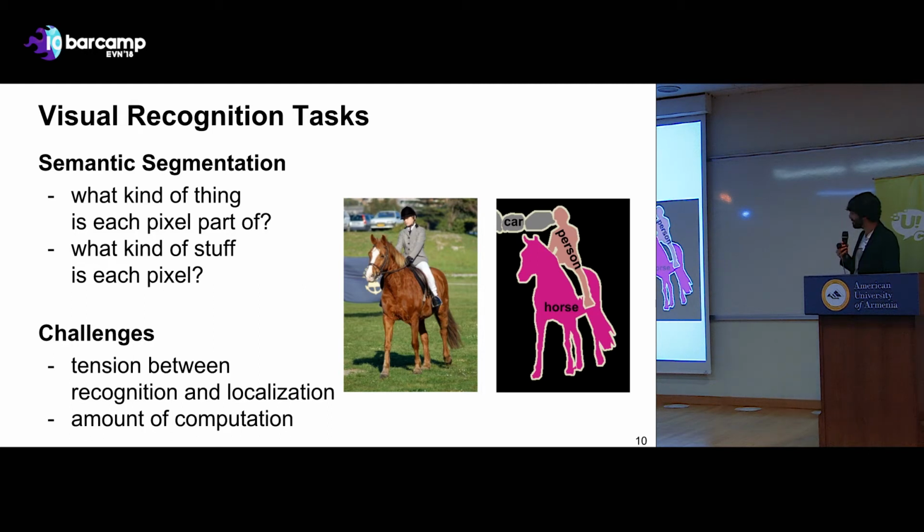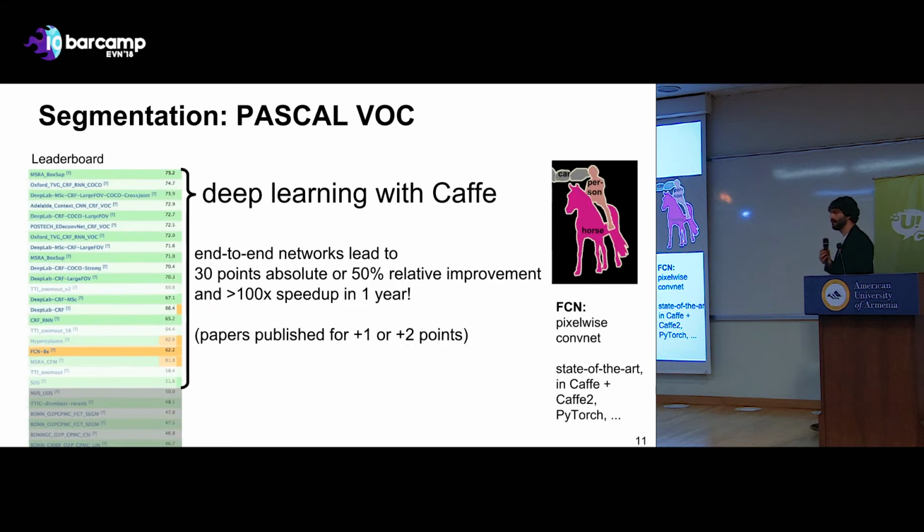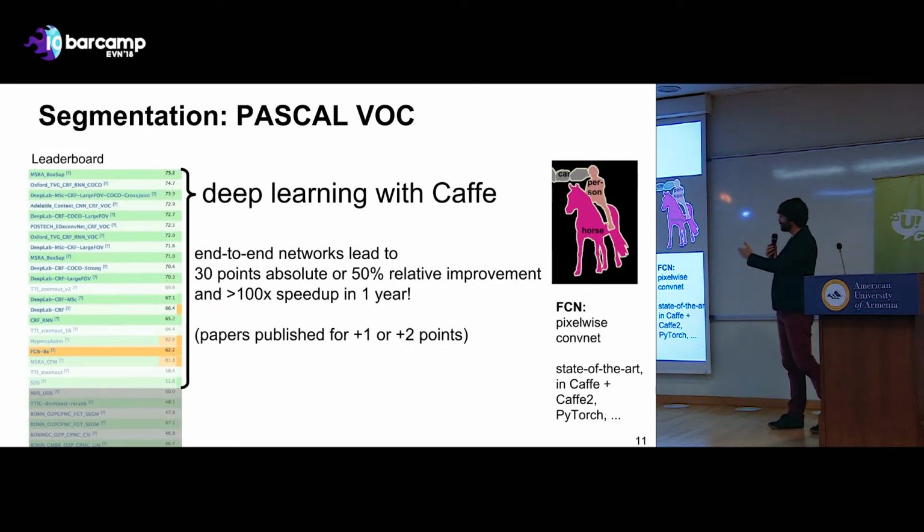So as you might have guessed in this progression, this is also done by deep learning nowadays. If we look at just a few years of a standard global contest, deep learning methods in Caffe improved the results more than 50% relative in the span of only a year, while also getting 100 times faster, which makes them actually practical, and in some cases even able to run in real time in video.